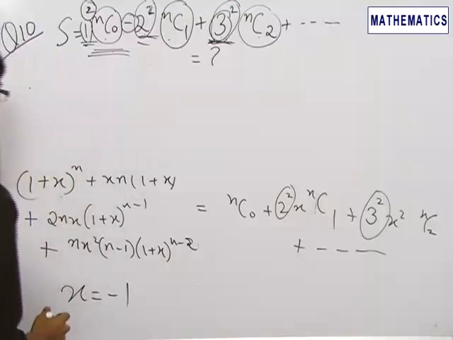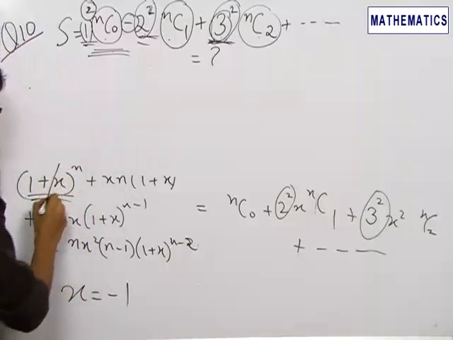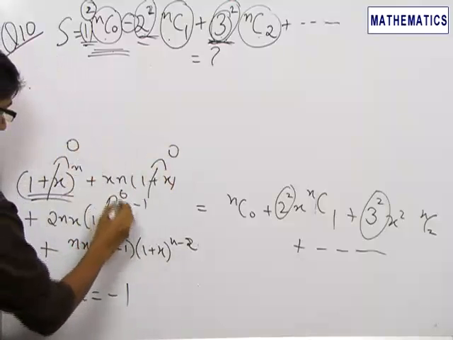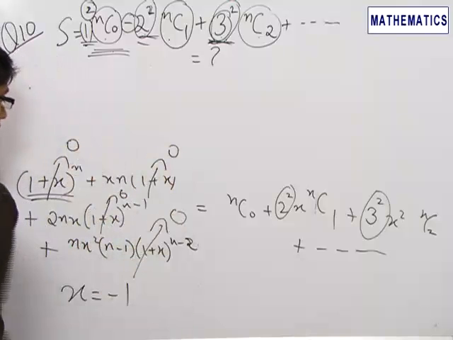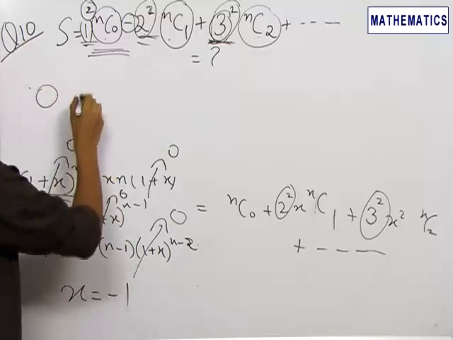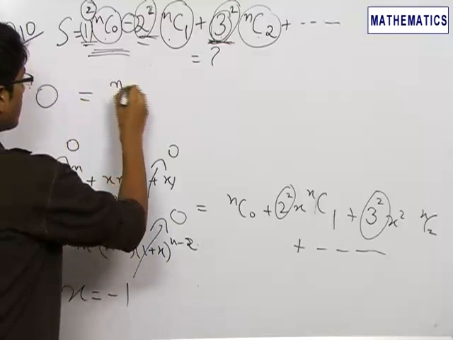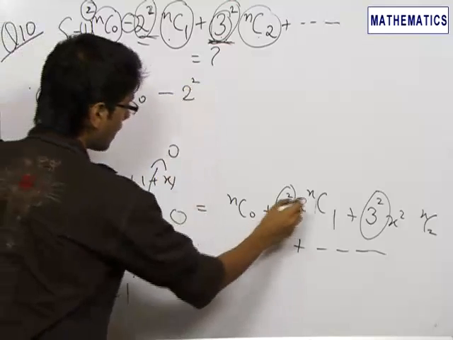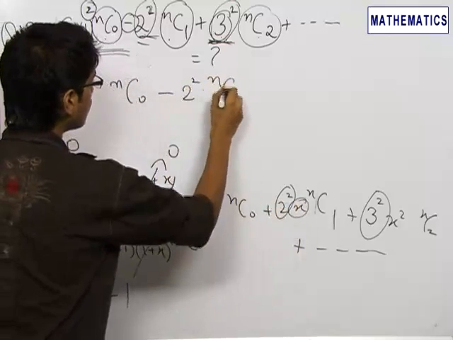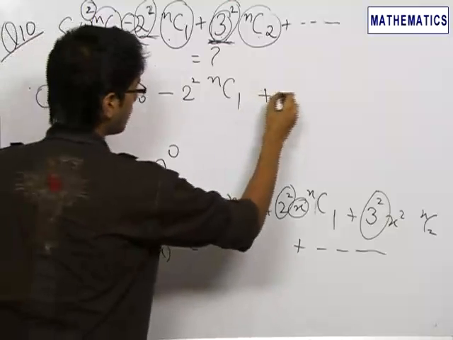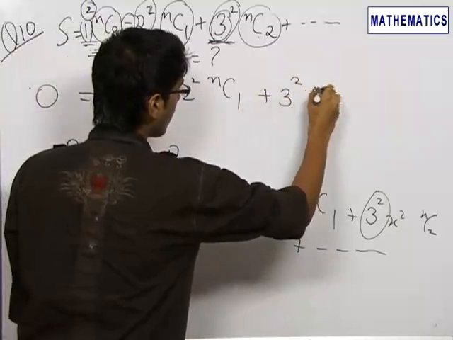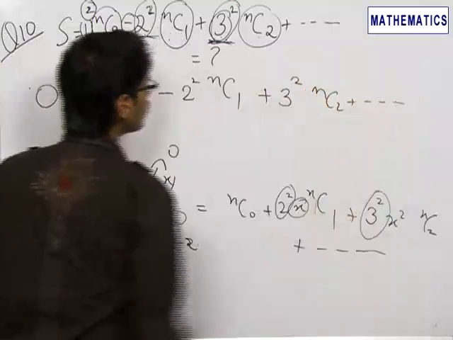So putting x equals minus 1, in the LHS this is gone, this is gone, this is gone, and this is also gone. So in the LHS we get 0 equals nC0 minus 2 square nC1 plus 3 square nC2 and so on.